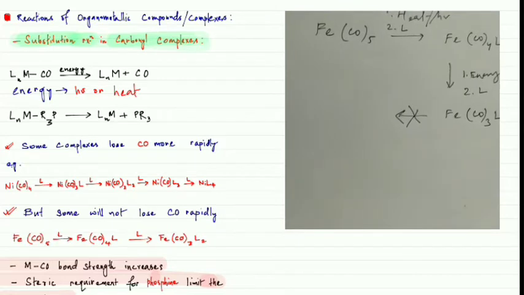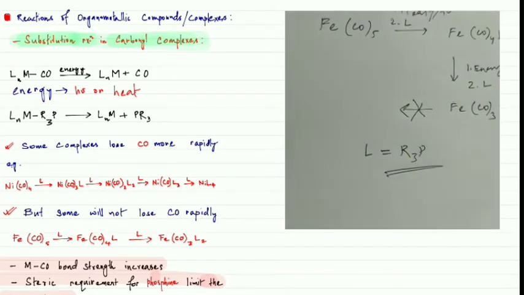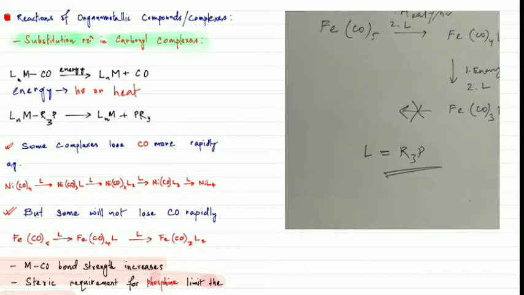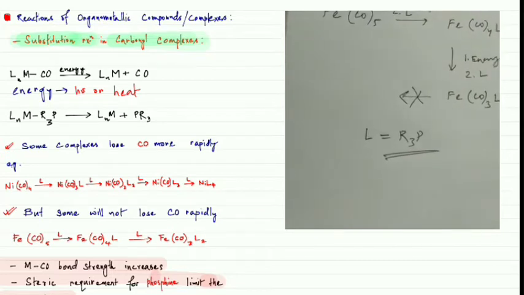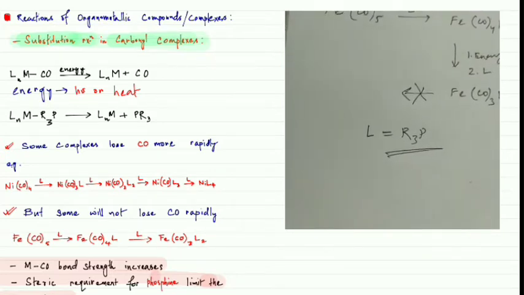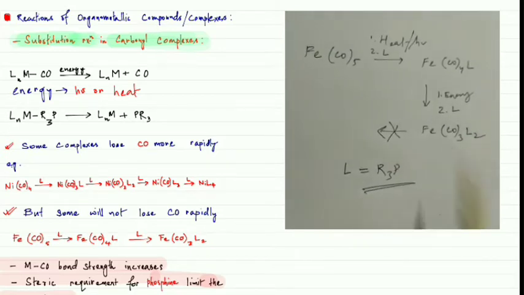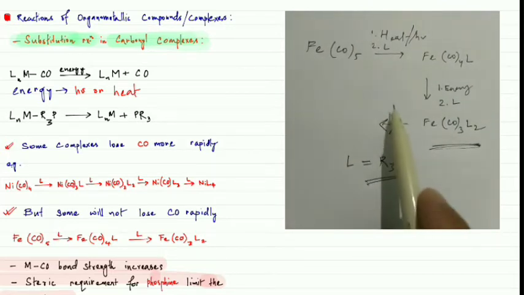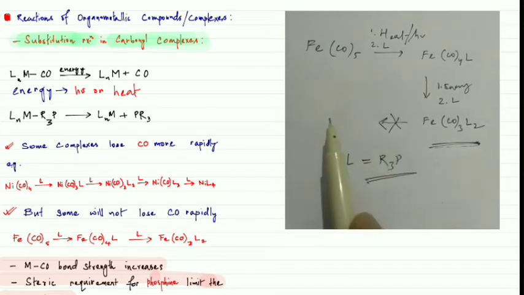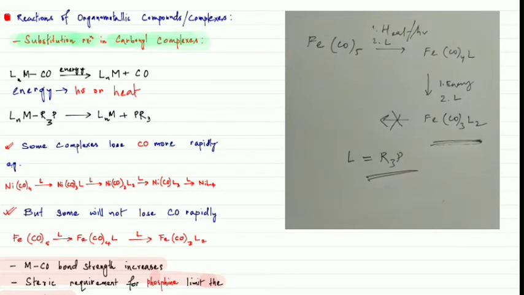When we replace the carbonyl ligand, let's suppose that L is R3P, maybe triphenylphosphine, or R may be any group, maybe trialkylphosphine also. Let's suppose this is triphenylphosphine. Then we cannot proceed further; only up to this step is possible. Further addition of energy and triphenylphosphine will not give the Fe(CO)2L3 product.